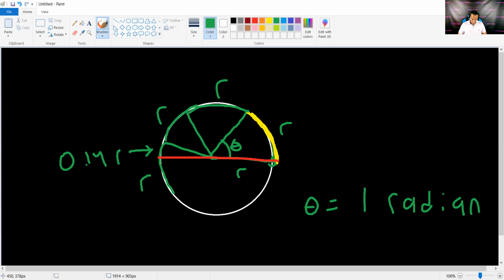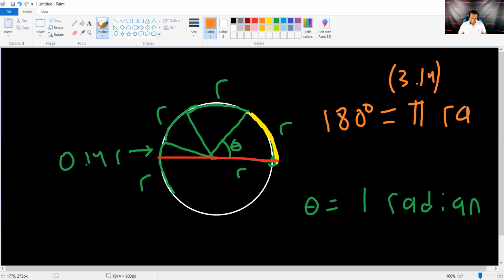So you could say in orange that 180 degrees, which is halfway around the circle, equals pi, or 3.14, radians. So if I were to go 360 degrees, well, I know that 360 is twice 180, so I would just write 2 pi radians.